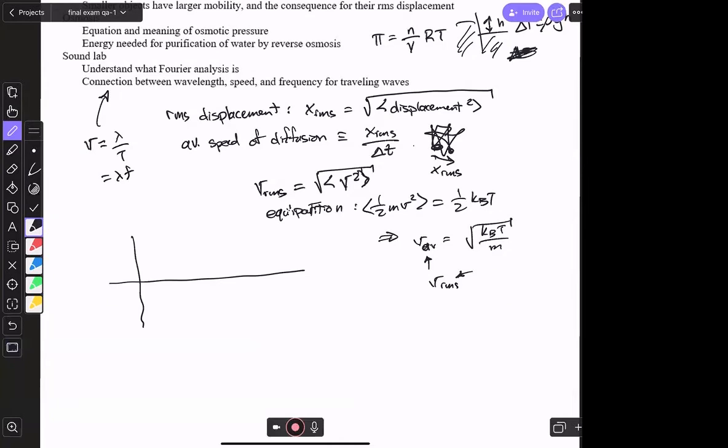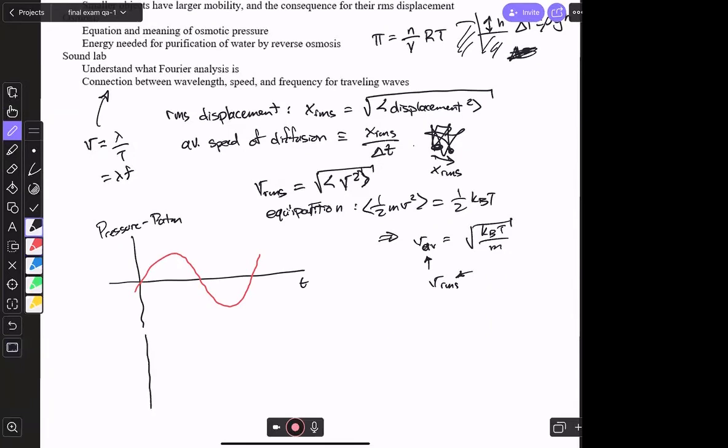Let's say if we're talking about sound and we're making a graph of the pressure minus the average atmospheric pressure as a function of time. And let's say maybe it's a purely sinusoidal variation. So this is roughly what you'd get for something that makes a very pure tone, like a tuning fork.